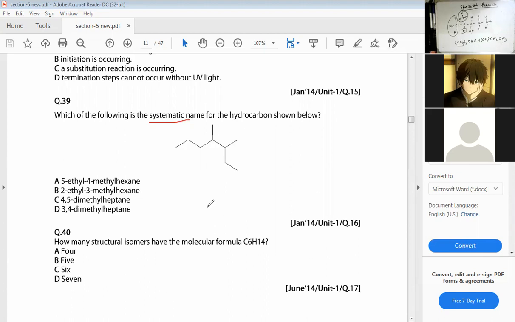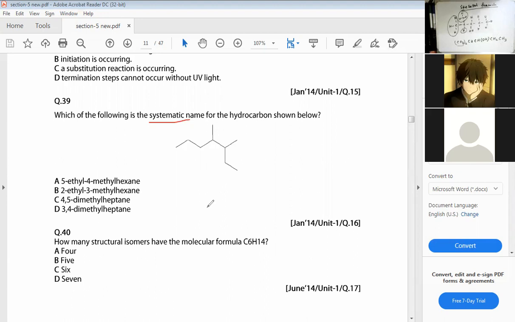One, two, three, four, five, six, seven. First tell me, is it heptane or hexane? In the long chain, how many carbons? 5 carbon or 6 carbon or 7 carbon? Sir, 7 carbon.